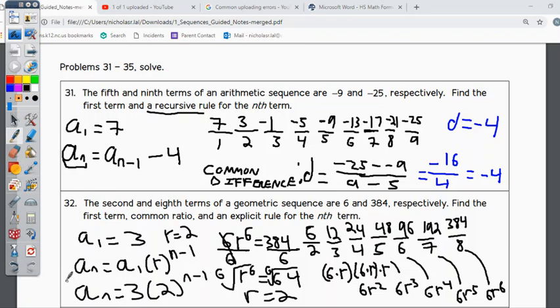So that's the explicit form of a sequence.